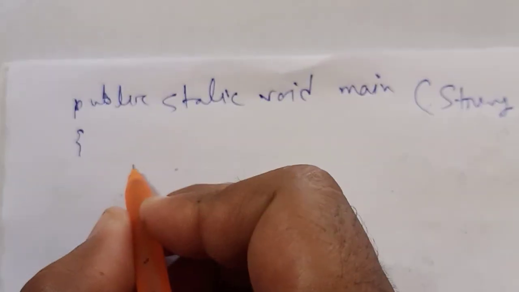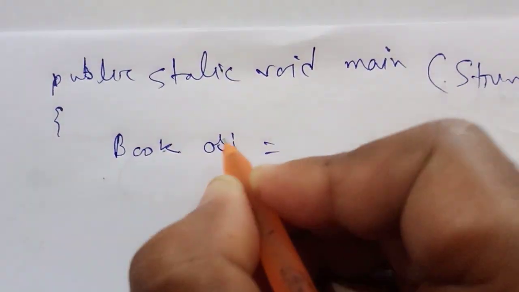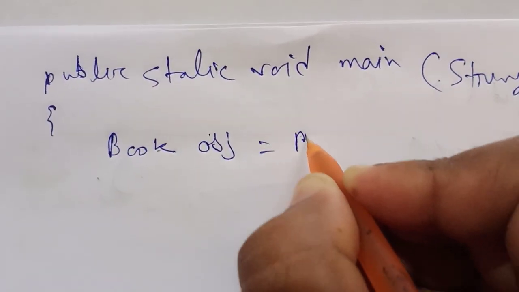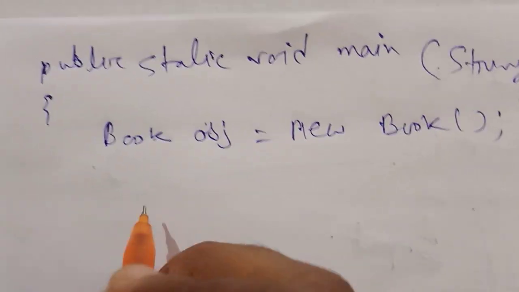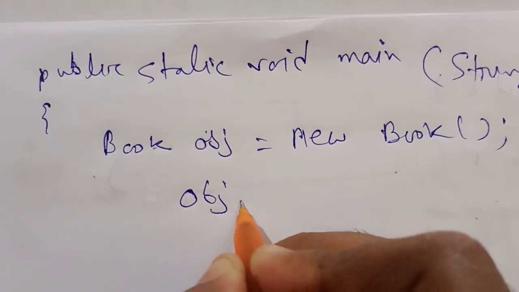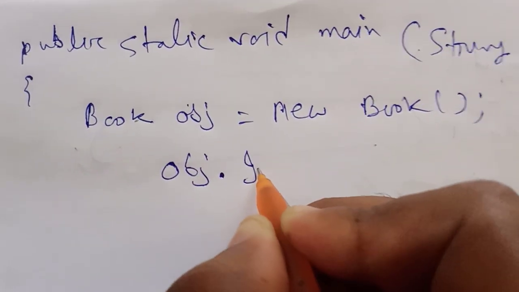Then what you will do, just create an object of your class. My class name is Book. Then obj is equal to new, is the operator, Book. Then with the help of obj, one by one using the dot operator, call each and every method.